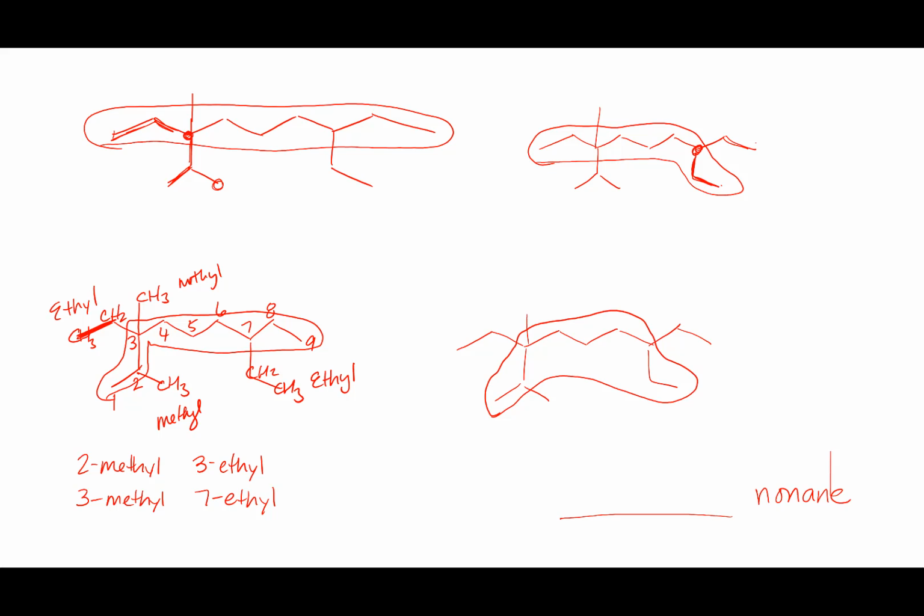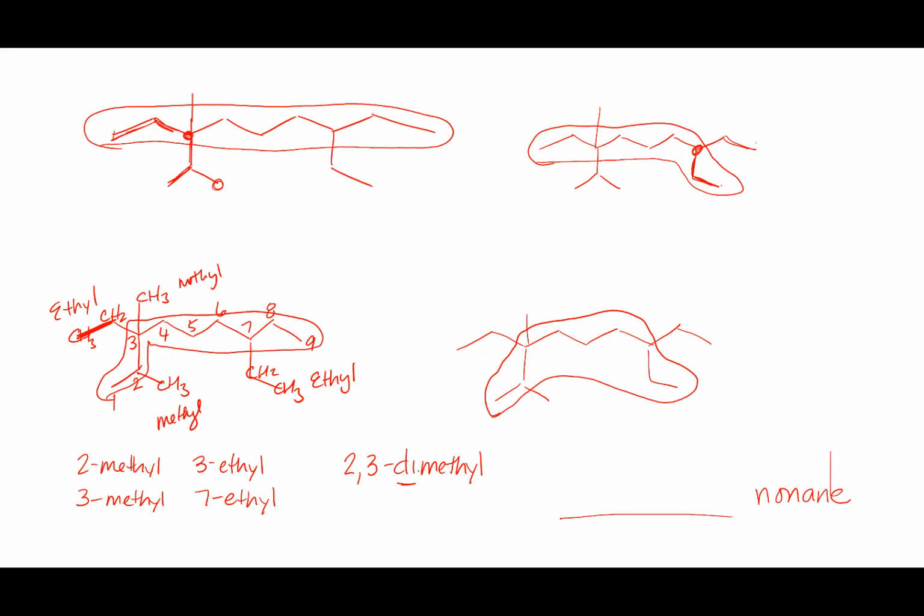Now when there's 2 or more of the same substituent, we condense those down. Instead of saying 2-methyl, 3-methyl, I'm going to condense this down, and I'm going to say that there is a 2,3-dimethyl. Okay?